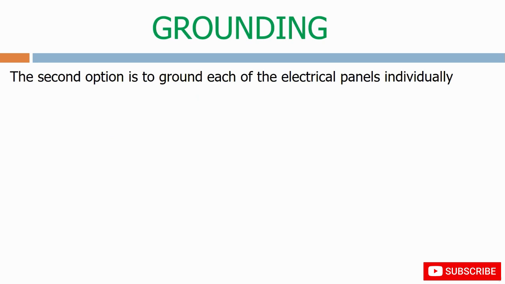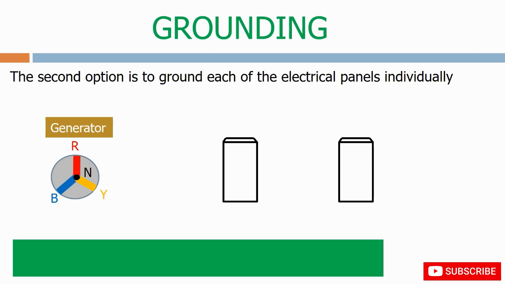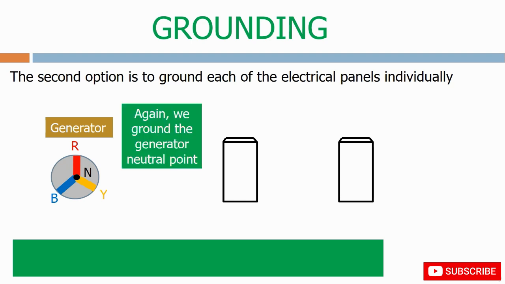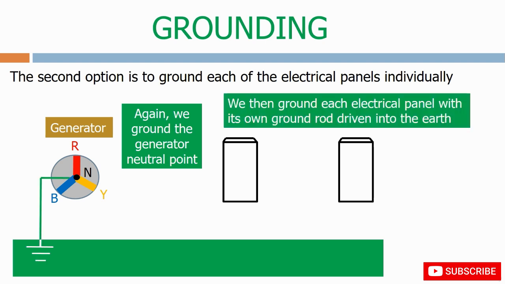The second option is to ground each of the electrical panels individually. Here we have our three-phase generator from before. Again, we ground the generator neutral point. We then ground each electrical panel with its own ground rod driven into the earth.